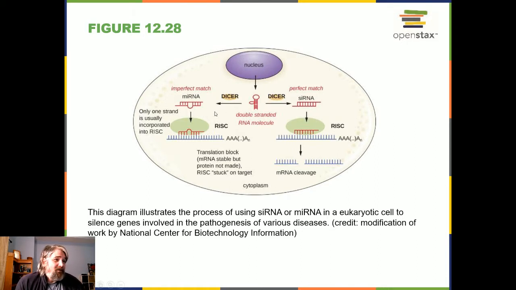This is an imperfect match, and then silencing RNA is a perfect match. This enzyme is making this happen here, and that's leading to cleavage with Dicer and Slicer. But anyway, the point of this is to demonstrate microRNA and silencing RNA. The rest of that you'll go through in a future course. Okay, that's the basics there.